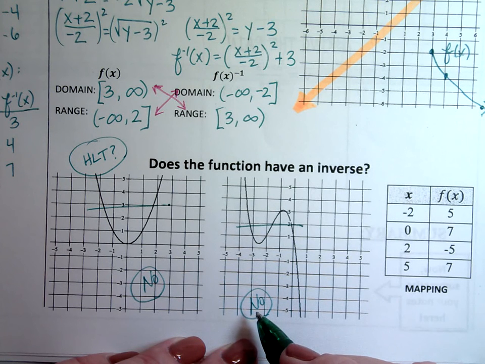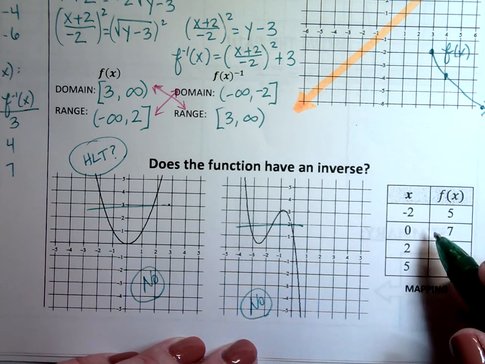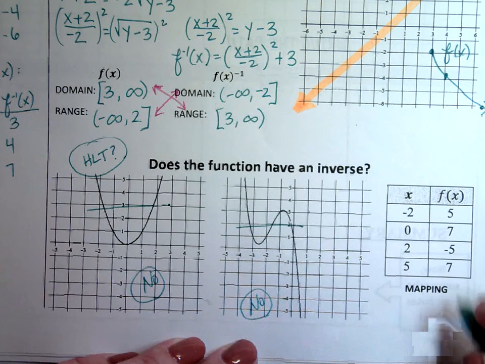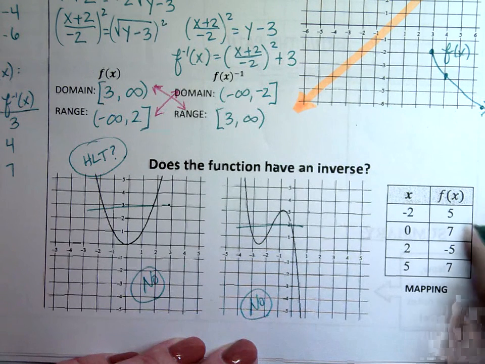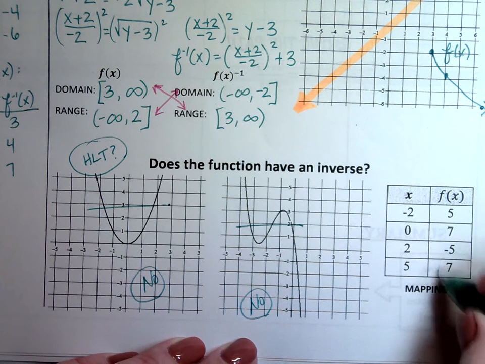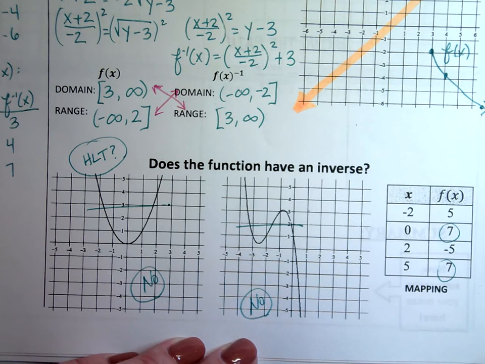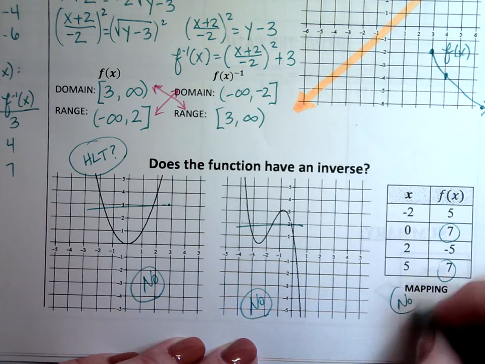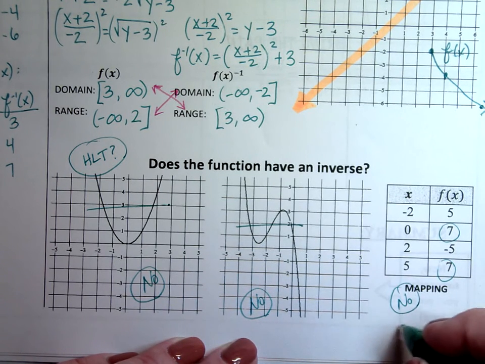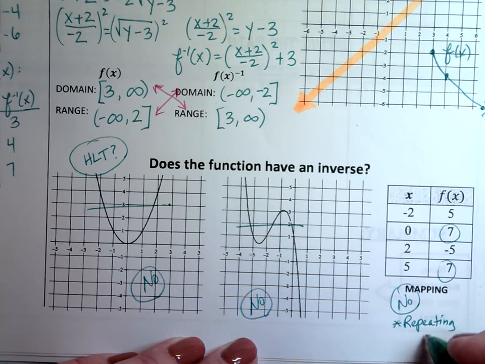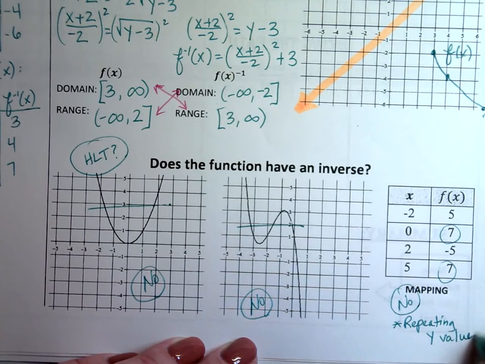This time you can't have repeating y's. If you had to, plot the points and see. But this one, if I look at it, I can't have the y's repeat. Well, I have a 5, a 7, a negative 5, and another 7. You see how these 7s repeat? That's not going to work. This one is going to be no. It doesn't pass the horizontal line test. You have repeating y values, which are not allowed.